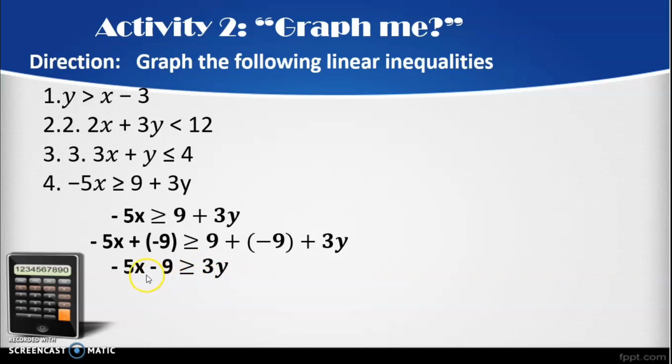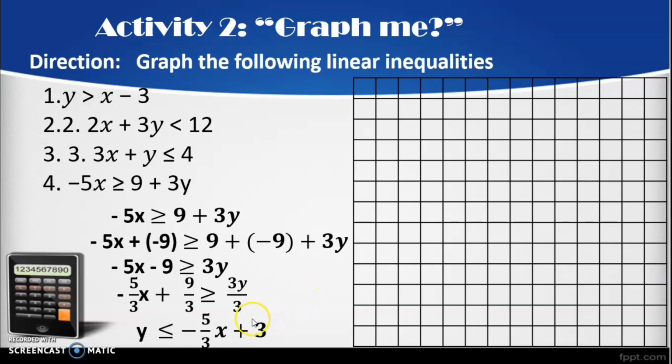Next step, we need to divide both sides by 3. So, ang natitira is y is less than or equal to negative 5/3 x plus 3, because 9 divided by 3 is equal to 3.